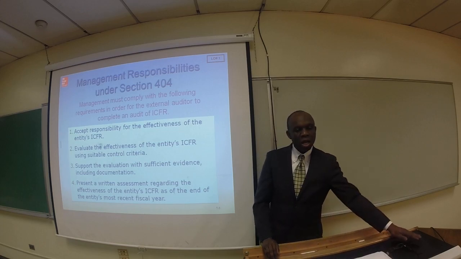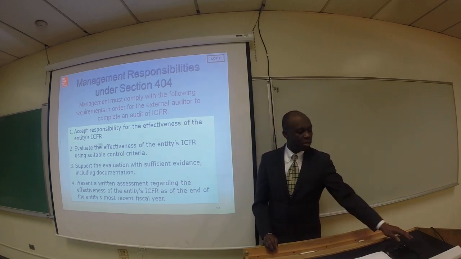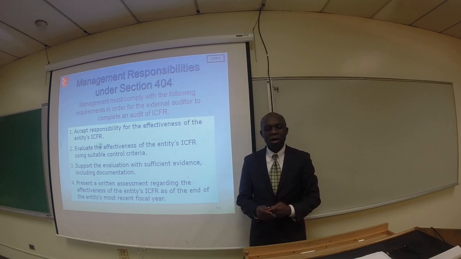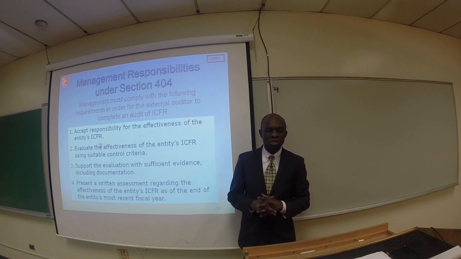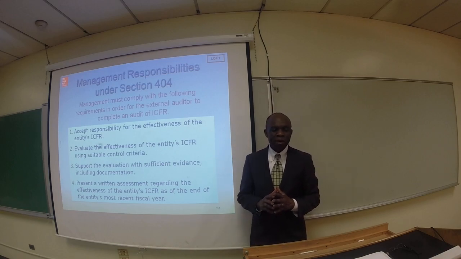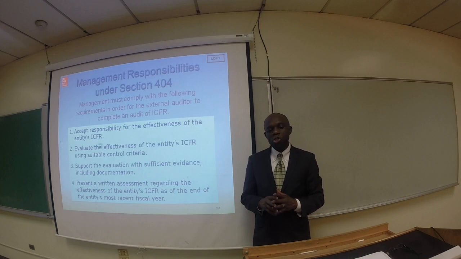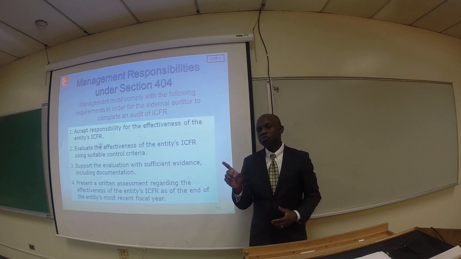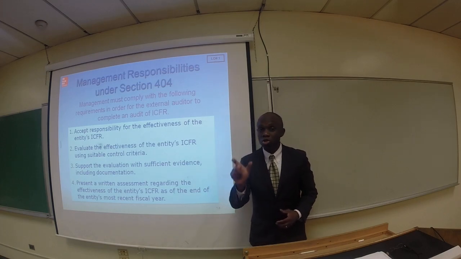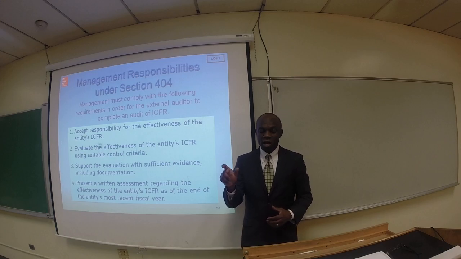Moving along, management responsibilities under section 404 continues. We said that in addition to what we just discussed, number 1, management should accept responsibility for the effectiveness of the entity's internal control over financial reporting. Now, listen to this very carefully. We said effectiveness. We are not talking about efficiency.